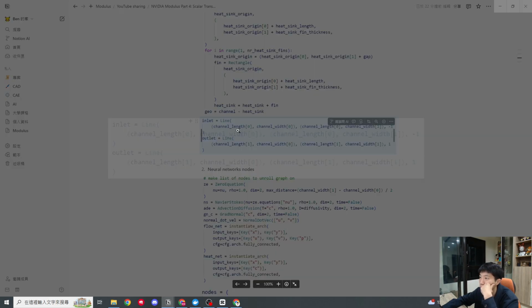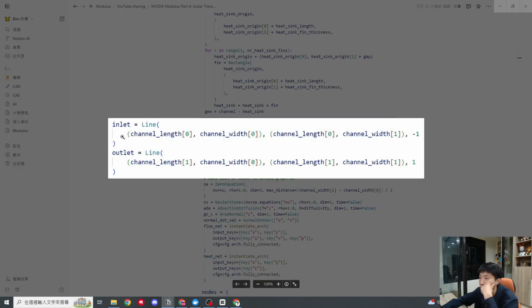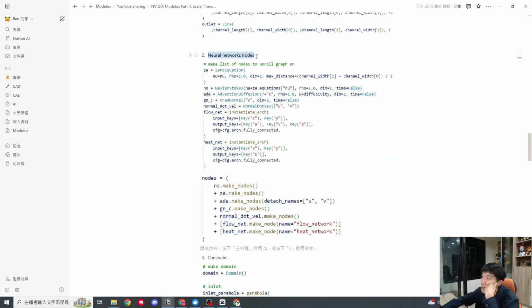And also using the line to generate the inlet and the outlet boundary. In the neural network nodes part, we have the zero equation, which is going to change nu to nu effective and implement it in the Navier-Stokes equation.